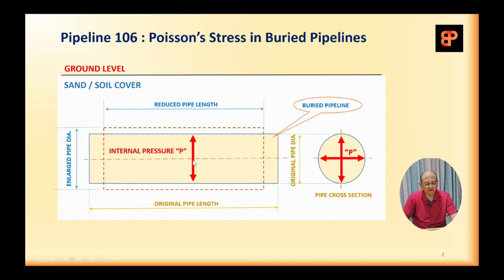So when, due to internal pressure, the diameter tends to increase and the length tends to reduce, the axial displacement required for the length to reduce is resisted by the soil weight and the friction factor, and that creates the stress called Poisson stress, which is normally considered as 30% of the radial stress. So 30% of hoop stress, which as I have already explained in my earlier lectures is PD by 2T, called SH. It acts only for buried pipelines.